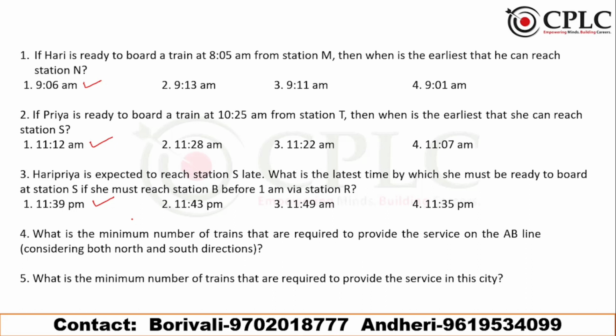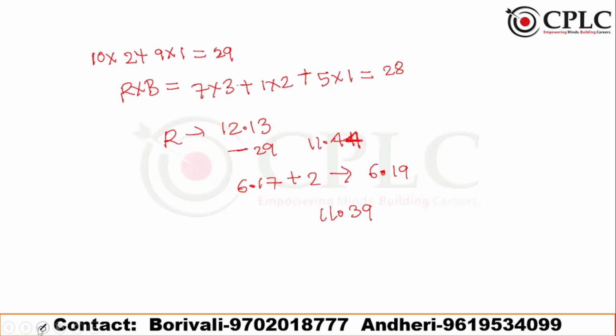What is the minimum number of trains that are required to provide the service on the AB line, considering both north and south direction? So considering both directions, the minimum number of total trains that are required to operate on the AB line.